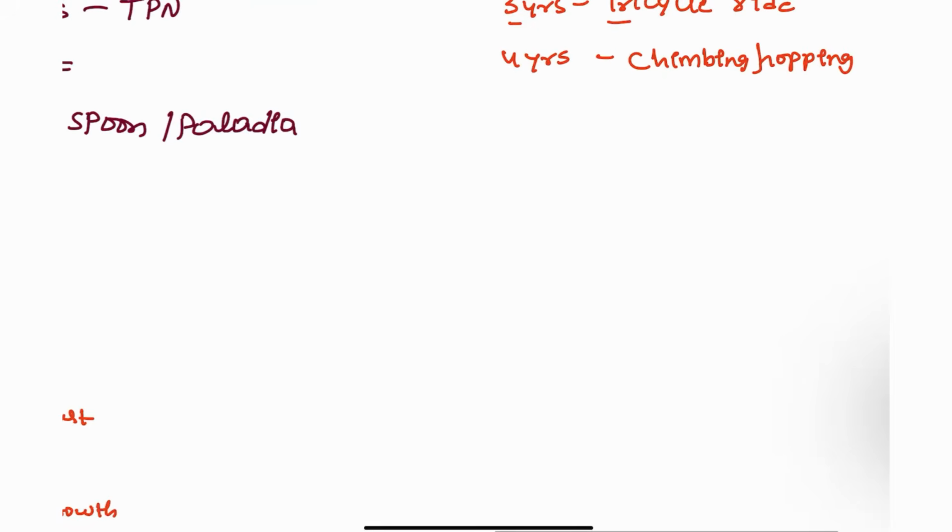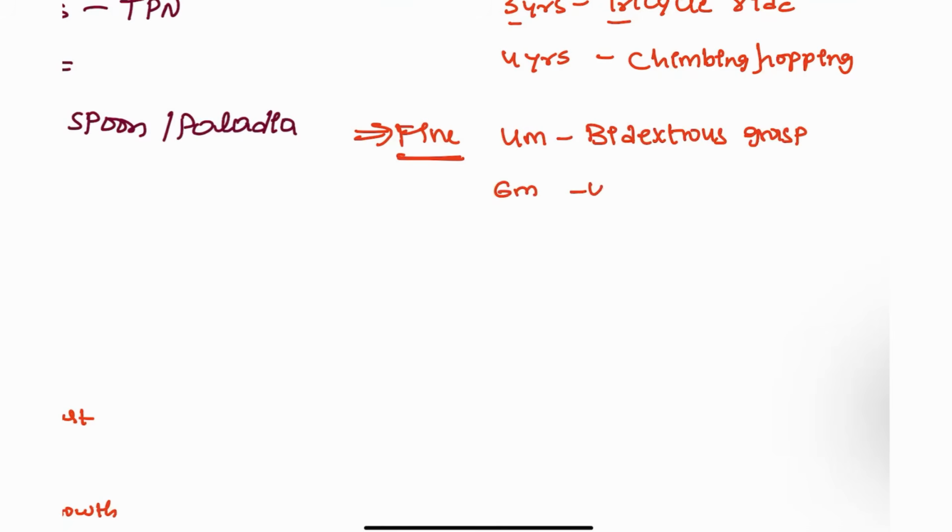Next, coming to the fine motor. So in the fine motor, usually important ones only we will be remembering. First, at 4 months there will be a bidextrous grasp. Okay, next 6 months unidextrous grasp.